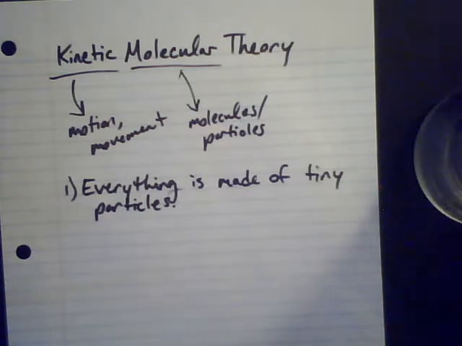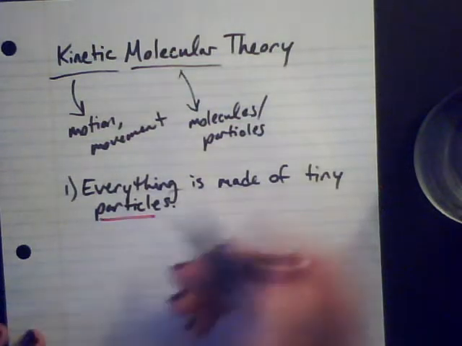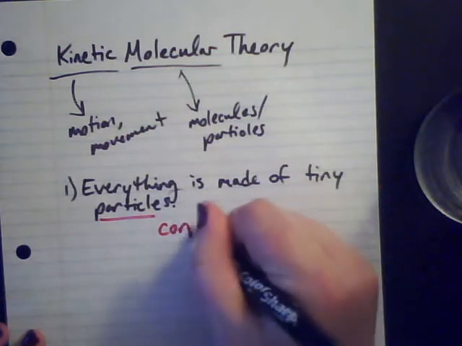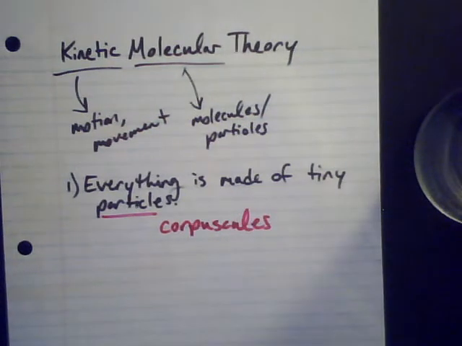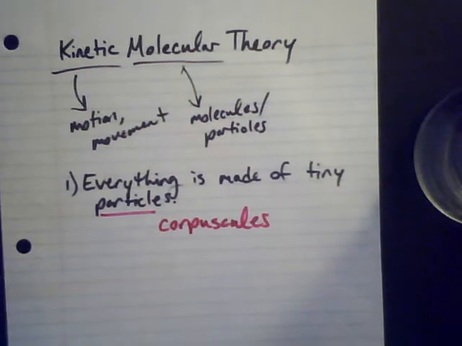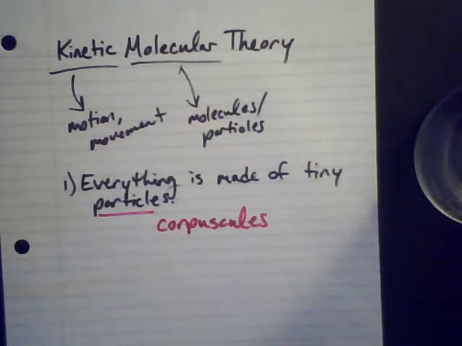Not any concept of the atom, but just before we had a formalized concept of the atom. And so when we were talking about particles back in the day, we were talking about what are called corpuscles. That's what they called them. These little particles are called corpuscles. And all matter is made up of something that can be broken down further and further until you can't break it down anymore.